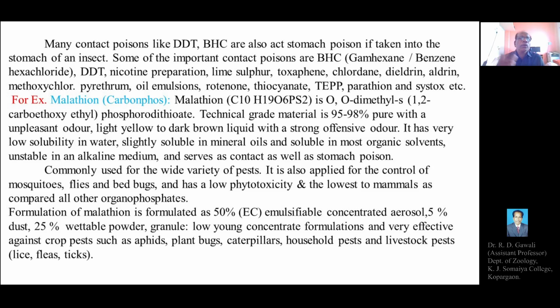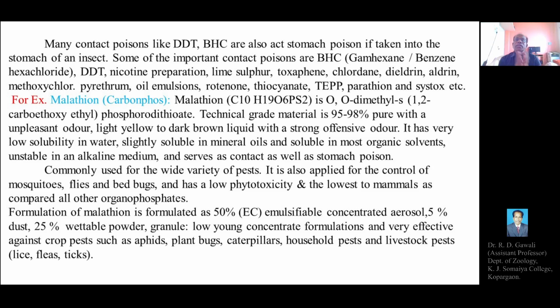It has very low solubility in water, is slightly soluble in mineral oils and soluble in most organic solvents, is unstable in an alkaline medium, and serves as a contact as well as a stomach poison.